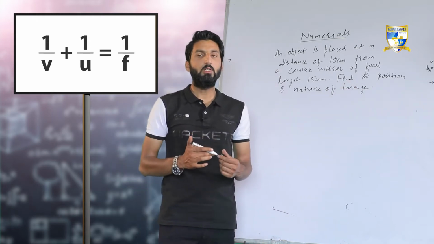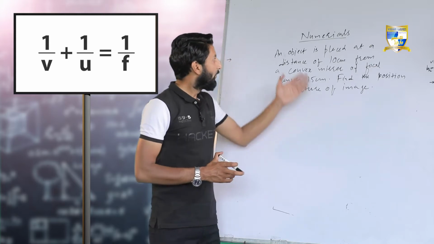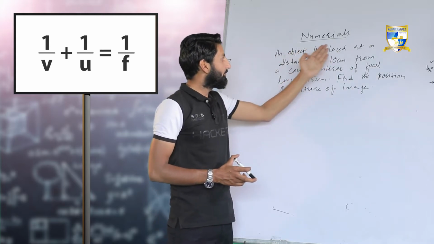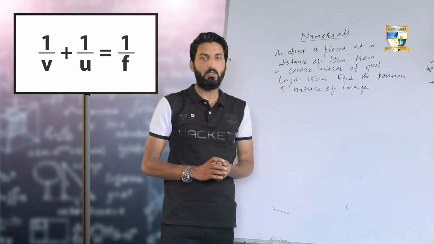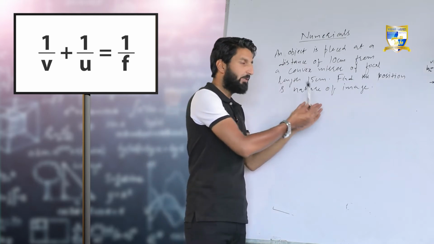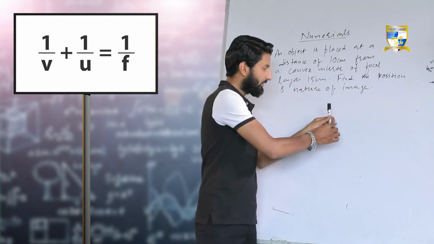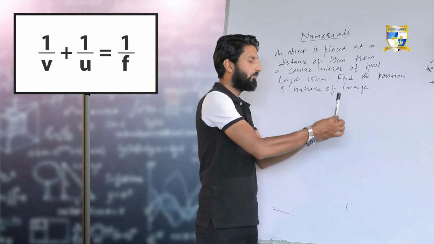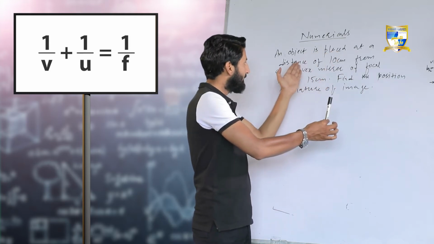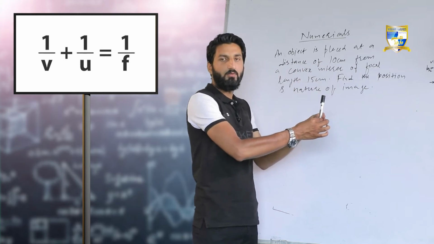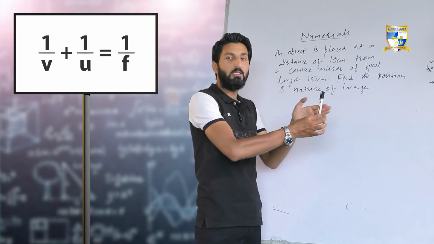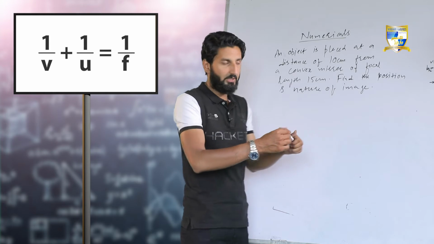First we will go through the given values. We are given with an object placed at a distance of 10 centimeter from the mirror. That means this 10 centimeter is the object distance.